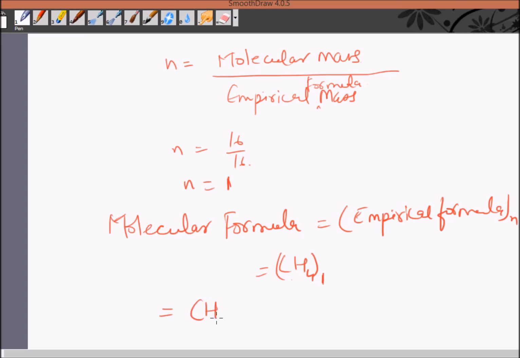So CH4 is the actual formula of composition of the carbon and hydrogen. So this is the molecular formula. Here you can see molecular formula and empirical formula are just equal to each other as the value of n is equal to 1.